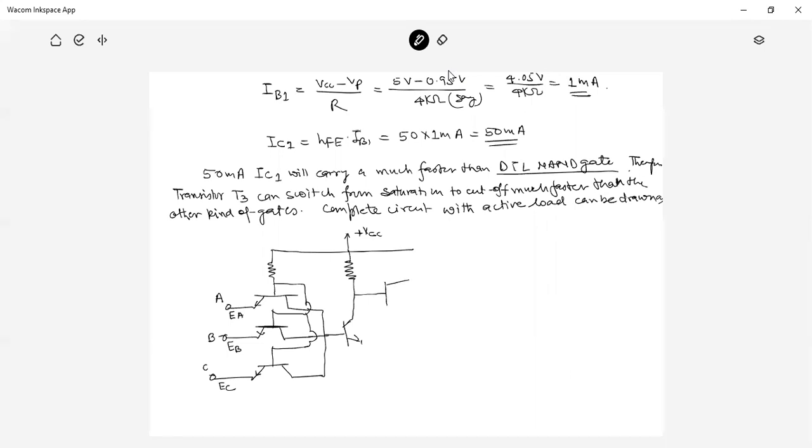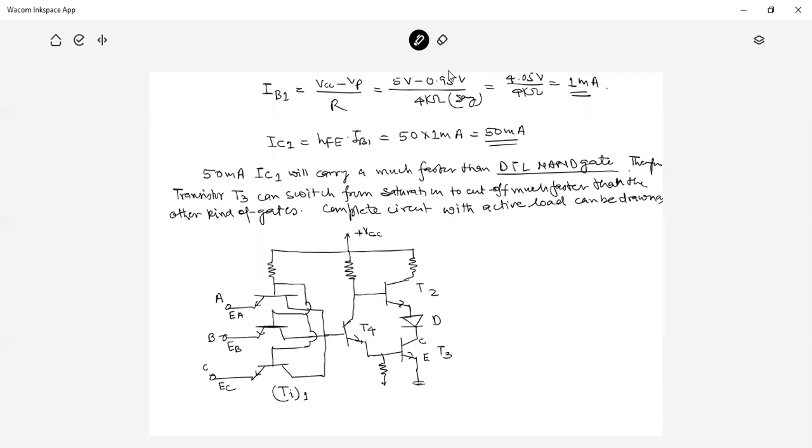So these are the set of transistors. You can say T1, here it is the transistor T2, this transistor is T3, and this transistor is T4.